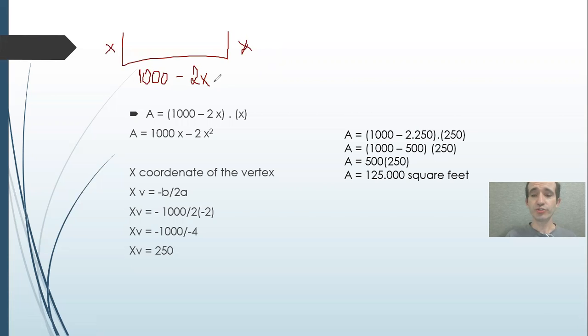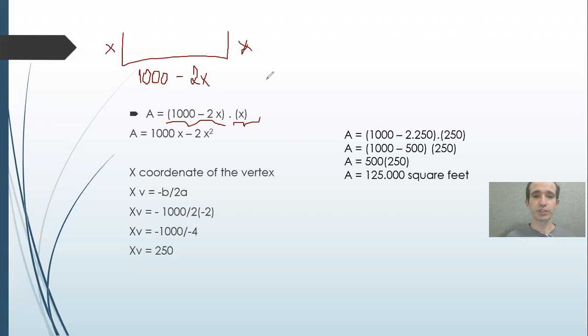Basically, you need to multiply both sides, the width and the length, okay? We have both measures here, 1,000 minus 2x times x.